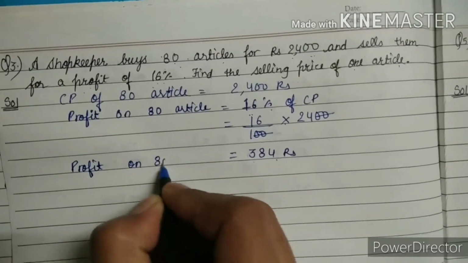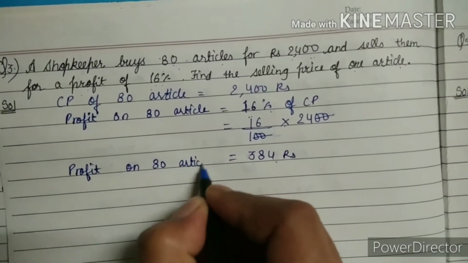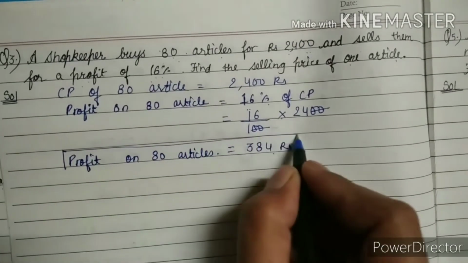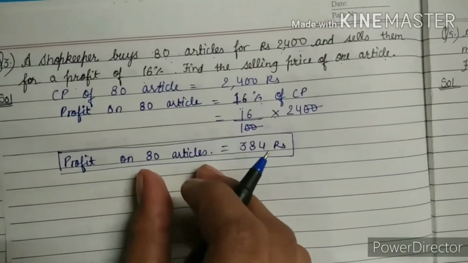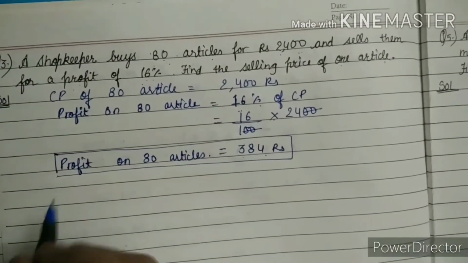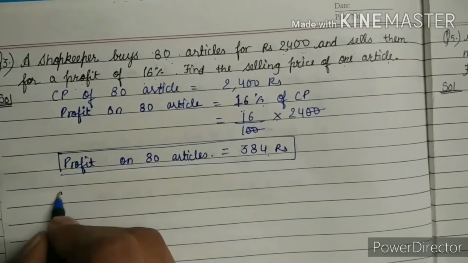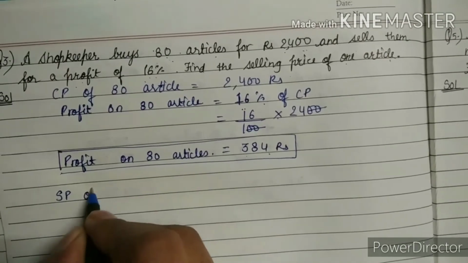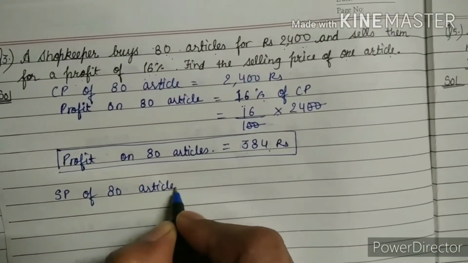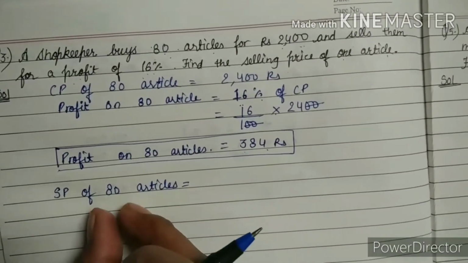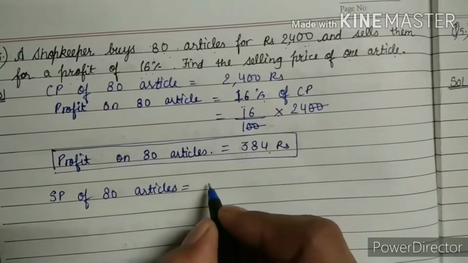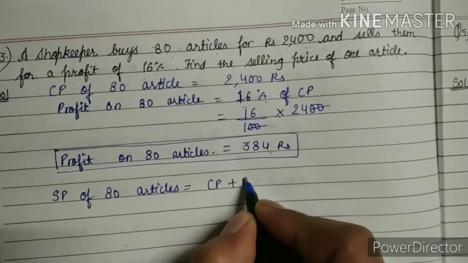on 80 articles. Now with the help of profit and cost price, we can easily get the selling price. So the selling price of 80 articles, we are comparing the same: 80 is there, 80 is there, 80 is there. Selling price is cost price plus profit.